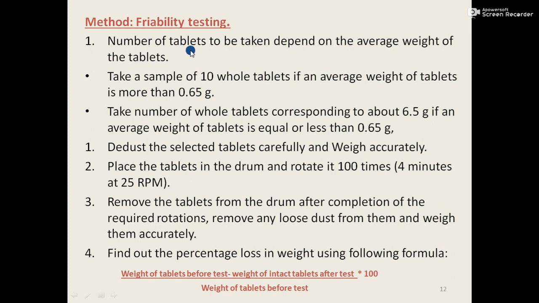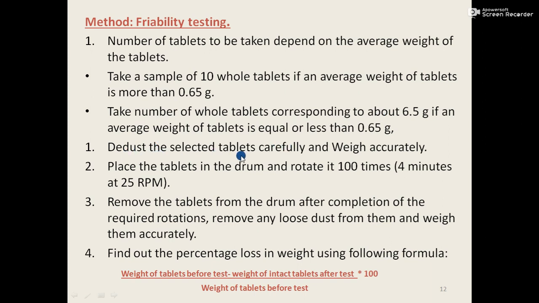To perform this test, we need to select the number of tablets, and the number of tablets to be taken depends on the average weight of the tablets. So take 10 tablets if the average weight of a tablet is more than 0.65 gram, that is 650 milligram, or if the average weight of a tablet is equal to or less than 0.65 gram, then take the number of tablets equivalent to 6.5 gram.